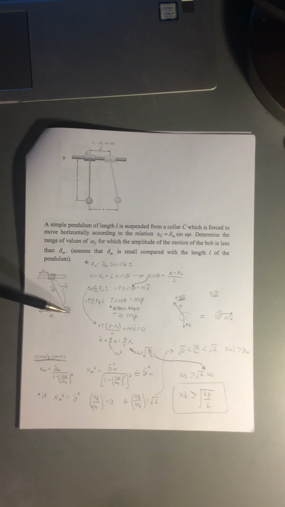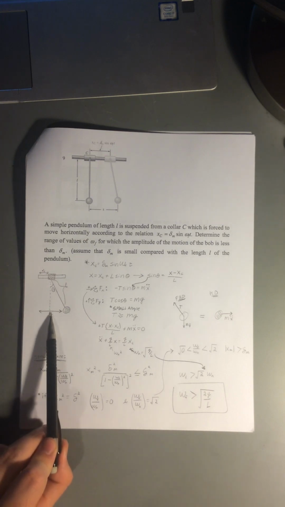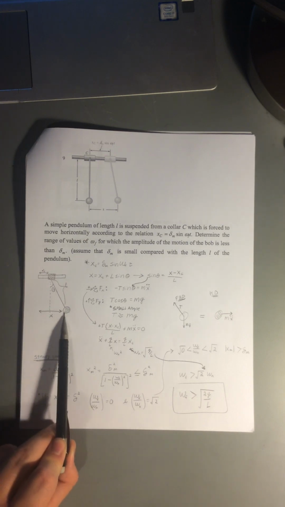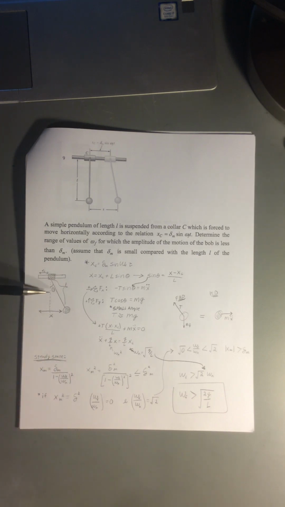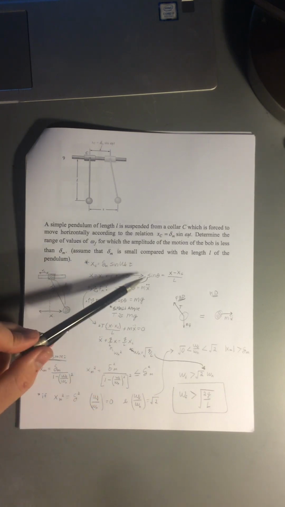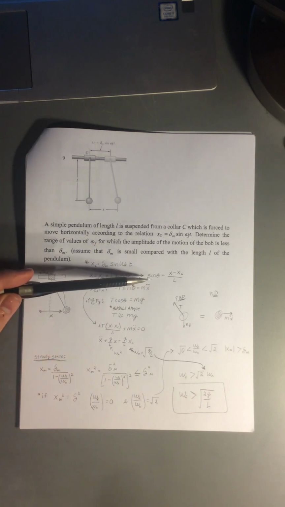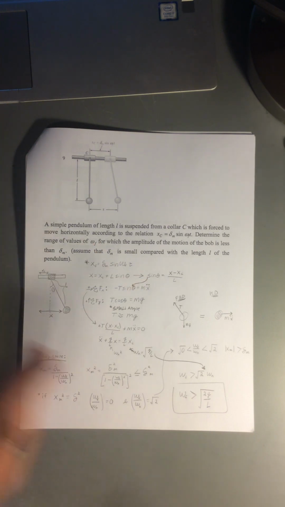So we have this distance x has to equal this distance x sub c plus whatever this distance is from here to here, which is L times sine theta of this angle. And so that's what I've written out right here. And then from there, all I did was rearrange this equation and solve it for sine of theta. So we know that sine of theta has to equal x minus x sub c all over this length L.